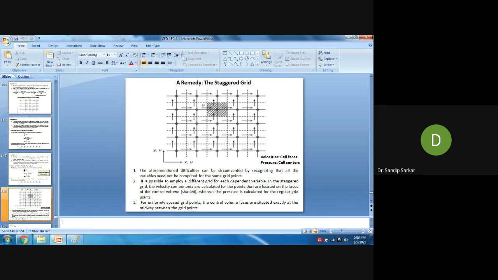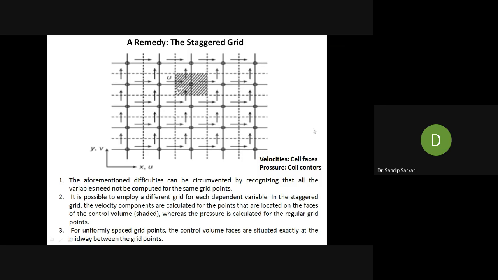With this staggered grid approach, the pressure velocity decoupling can be minimized, or there will not be any issue with the pressure velocity decoupling. If you discretize the governing equation with respect to these staggered grids, where velocities are specified at the cell faces and pressures at the cell centers, you will not face zero pressure gradient with a checkerboard or zigzag kind of pressure distribution in the flow domain.